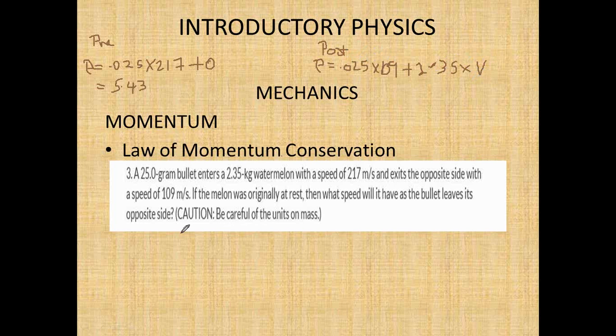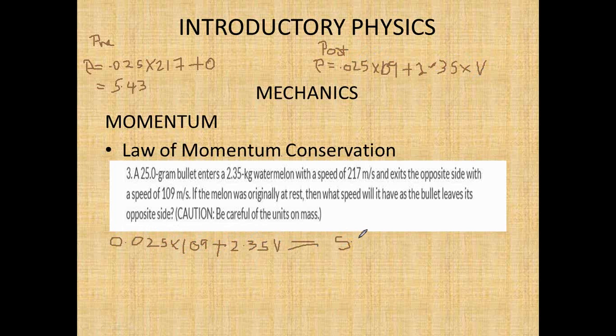So when we simplify that, we know 0.025 times 109 plus 2.35 V is equal to 5.43.